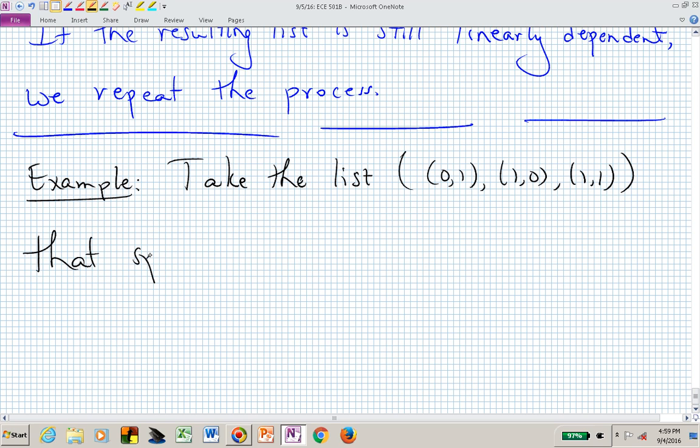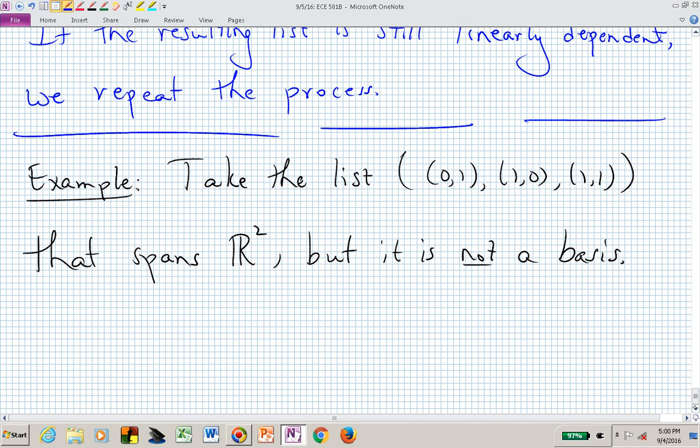Now we know that that set spans all of R2, and let's say that's our vector space. But we also talked about last time that because these are not linearly independent vectors in this set, it does not form a basis.